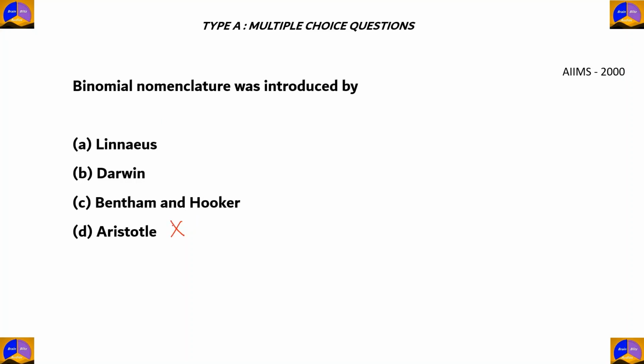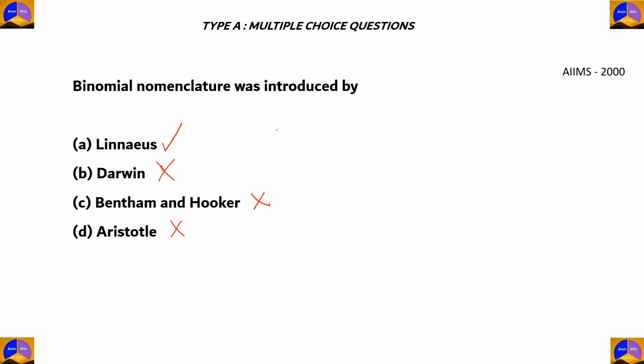So he's out. Darwin did his work on the evolutionary relationships between species. So he is out of this question as well. Bentham and Hooker are credited with writing a book which details some families which were not included in binomial nomenclature, but they didn't introduce it. The right answer, therefore, is Carl Linnaeus.